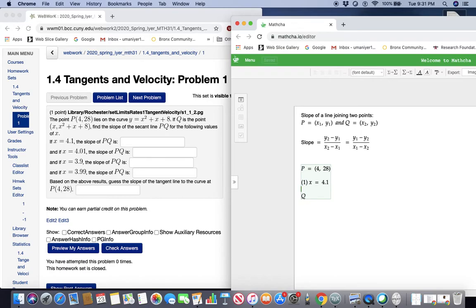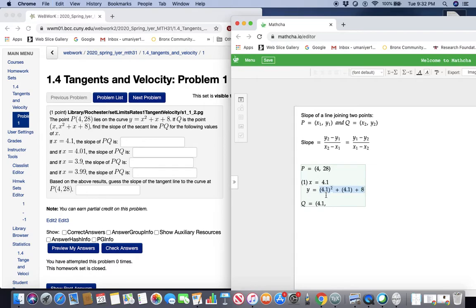To find Q, you want to find its y. So y will be, plugging it into the expression, 4.1 power 2 plus 4.1 plus 8. So those are my x and y coordinates. I'm not even calculating it. I'm just writing it as it is. 4.1 comma this expression.